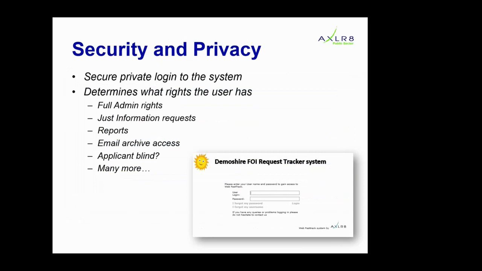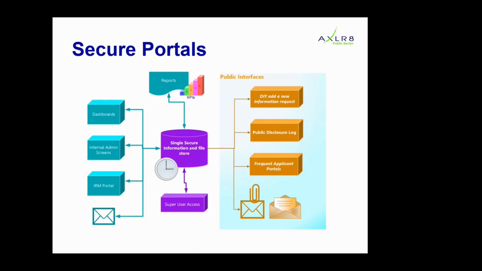So when somebody logs in, you as an administrator, and more specifically the systems administrator for your organization, will be able to allocate user rights to decide whether they're applicant blind, whether or not they can see reports, whether they get the information request managers portal, or whether they get an internal admin portal, or whatever.